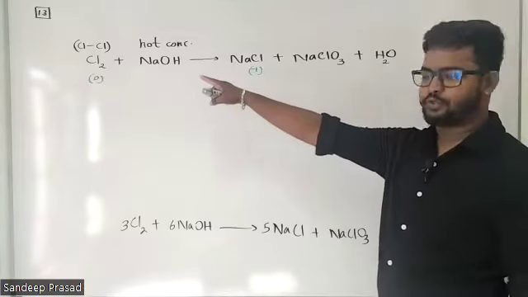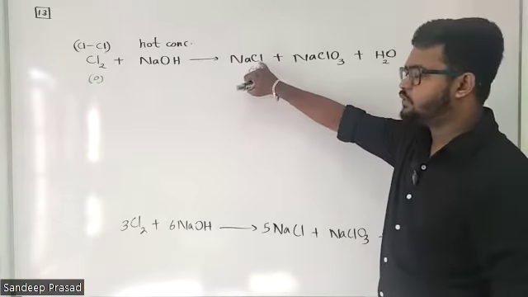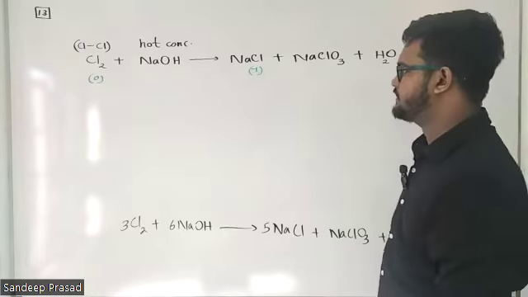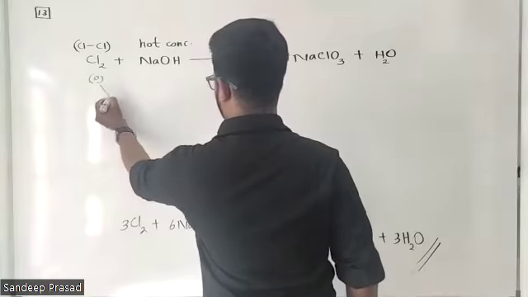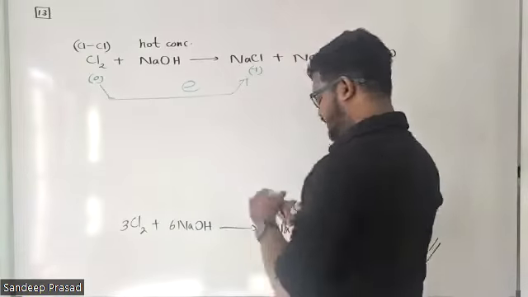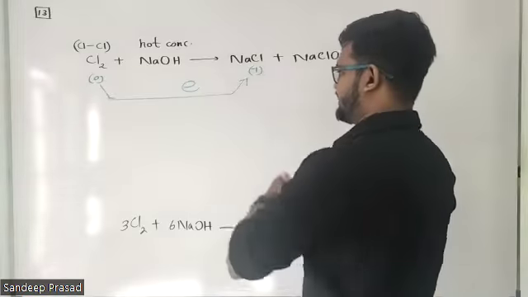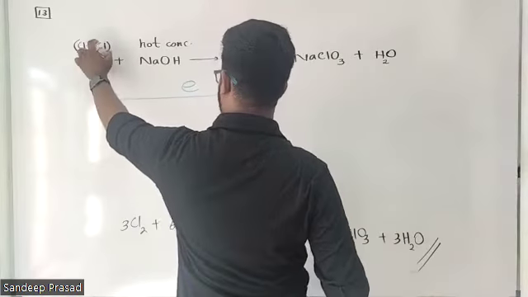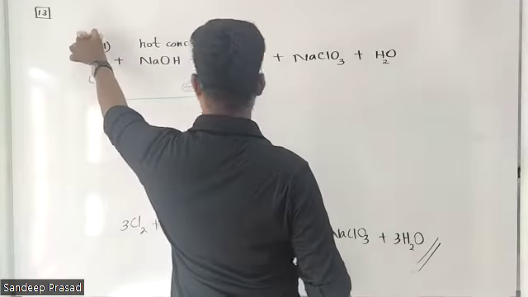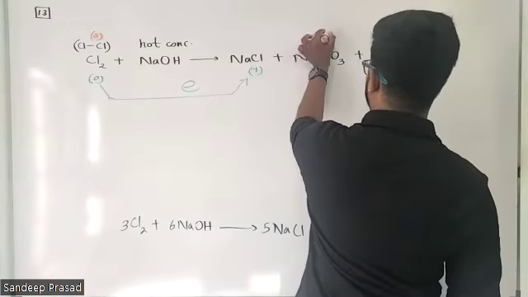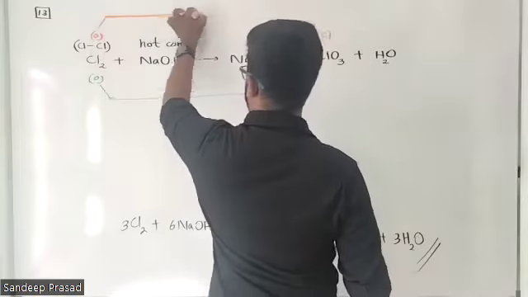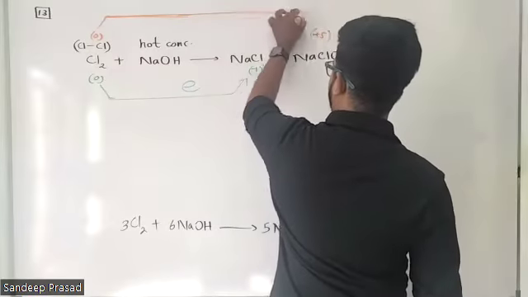In that chlorine molecule, there are two chlorine atoms. So just imagine one chlorine atom came to here and the other one is converted as ClO3 minus. Then 0 to -1, you can see that what is the decrement? You can see just one electron, just one electron. And here you can see that another chlorine atom is there. So that is converted into NaClO3. So here also chlorine's oxidation number 0, 0 to +5, what is the increment? We can say that increment is 5.